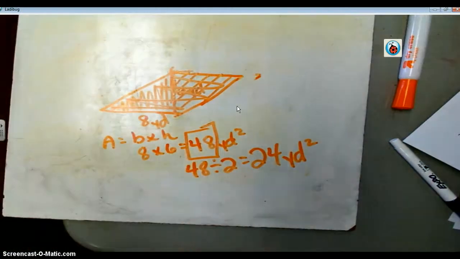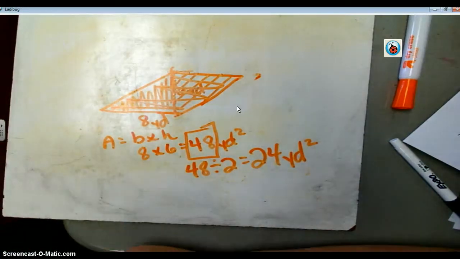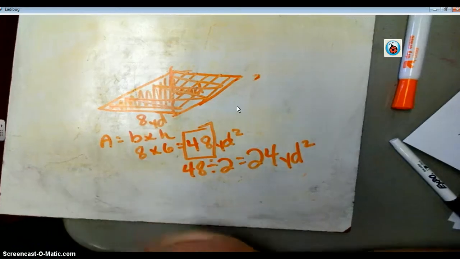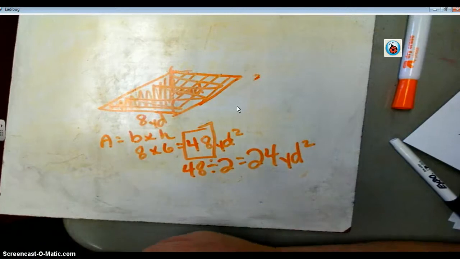Okay. On your board, see if you can tell me what the area of a triangle is. The formula. Knowing what I just told you, see if you can maybe brainstorm what the formula for area of a triangle might be.